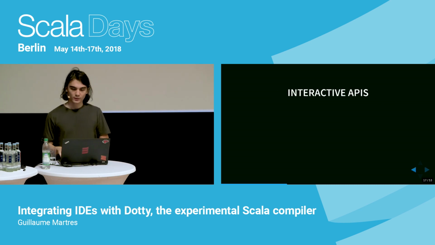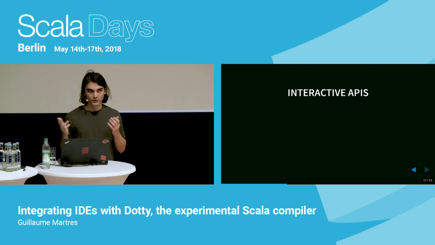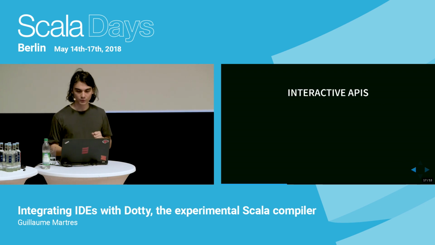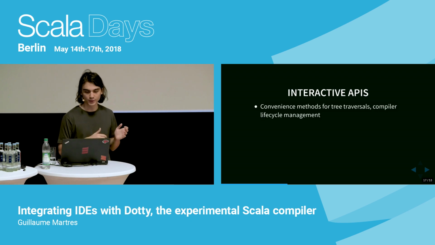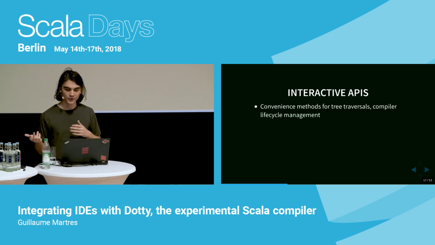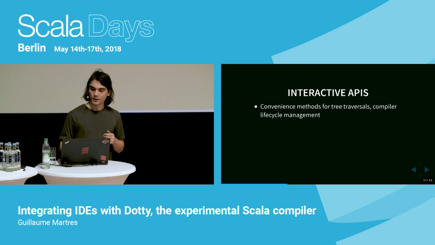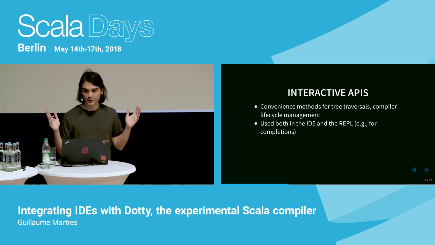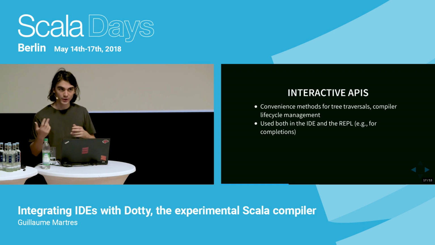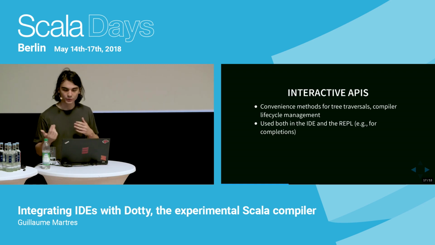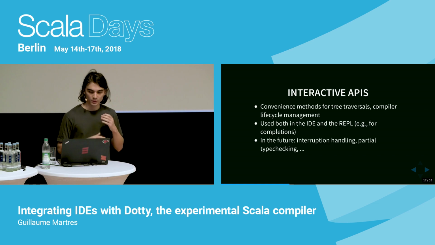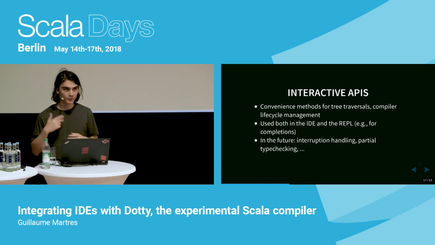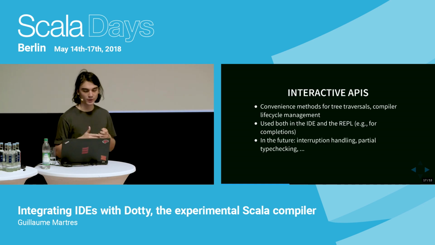So based on that, we made a set of very simple interactive APIs to basically query trees and do lifecycle management of a compiler. And we can use that both in the IDE and the REPL. Again, code reuse, yay. So when you ask for completions in one or the other, we're going to use the same code. And in the future, we'll probably enhance that by adding APIs for dealing with interruption handling or partial type checking.